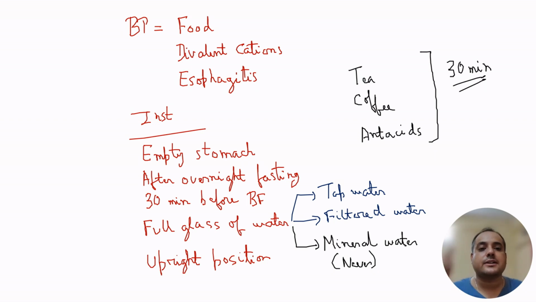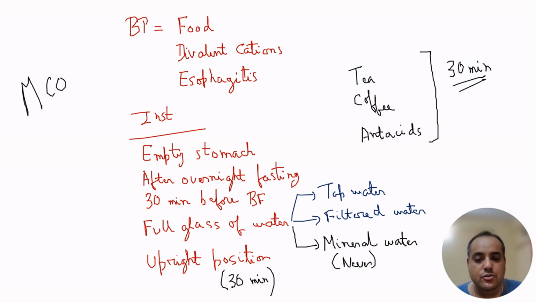That is why the patient must be upright after taking this drug, again for a minimum of 30 minutes. So students, each and every one of these points can be a potential MCQ. So please remember this. These are very, very important points regarding the use of bisphosphonates.